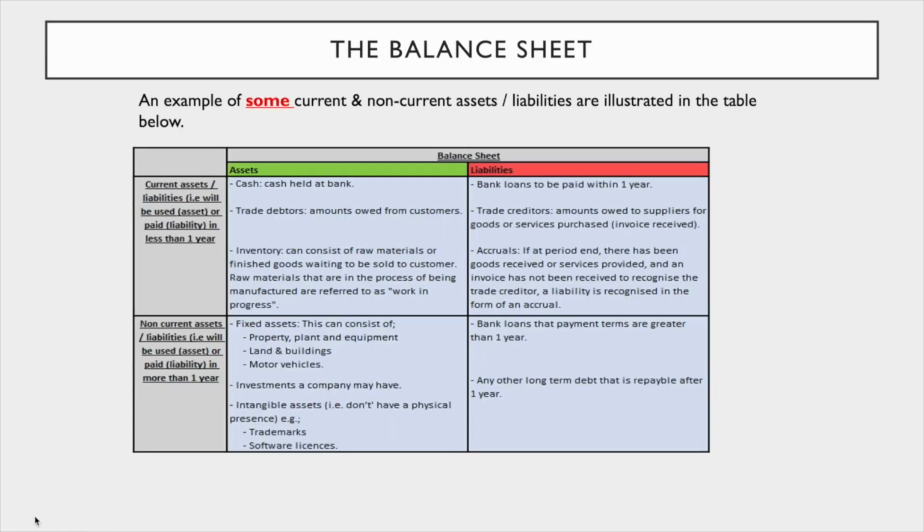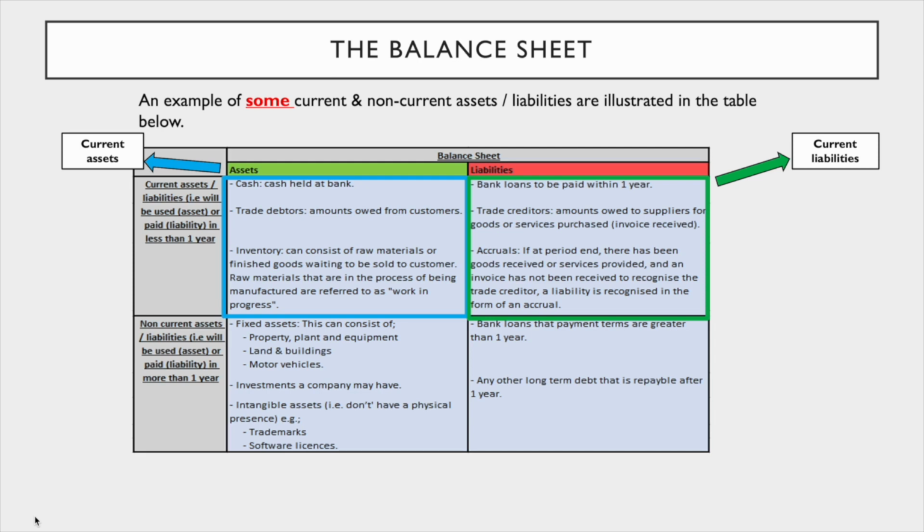In terms of some examples of current assets, current liabilities, non-current assets and non-current liabilities, we'll just go through a few of them here in this slide. Cash is a current asset, and trade debtors and inventory would be examples of current assets. These are assets where there will be an economic benefit derived in a period of less than 1 year.